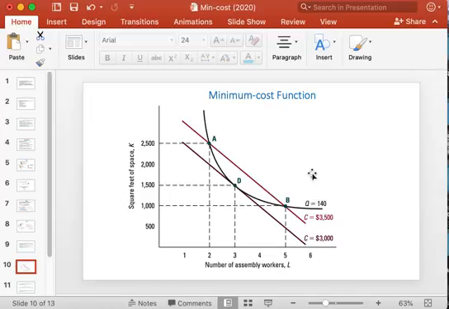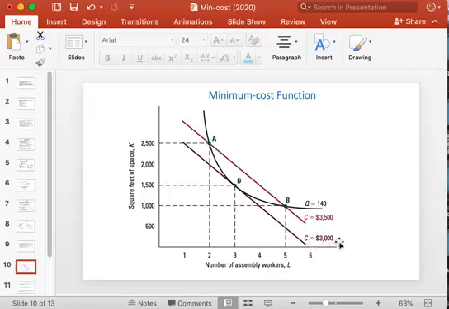So the minimum cost occurs at point D here, where the isoquant line is tangent to this isocost line.